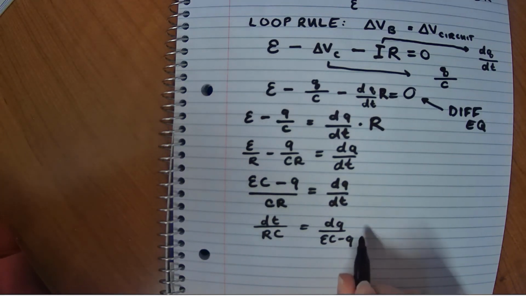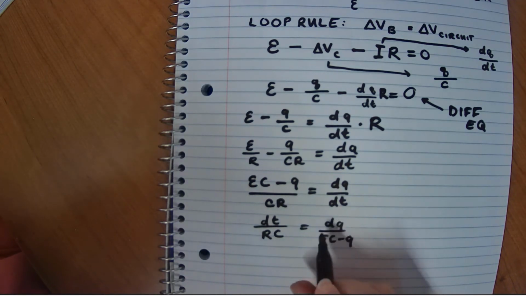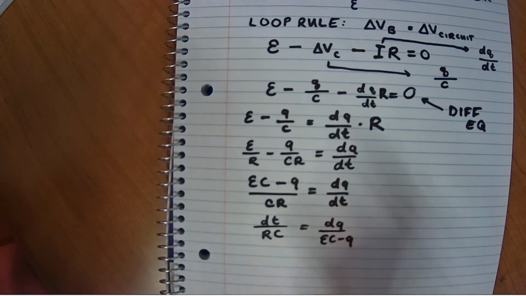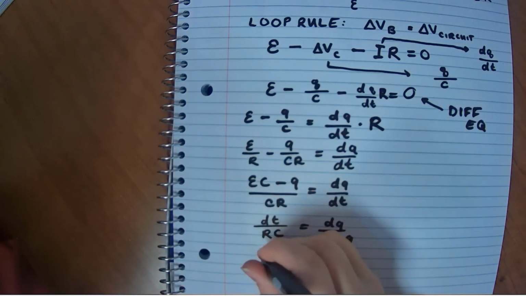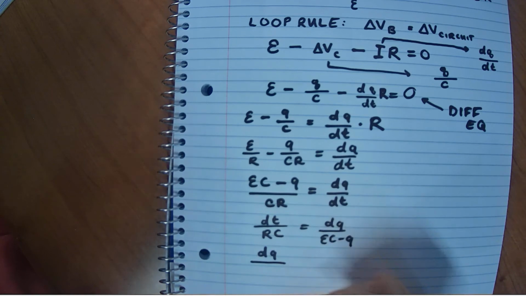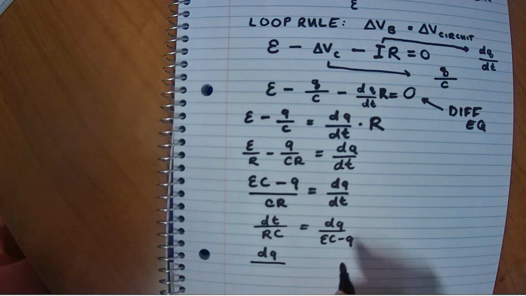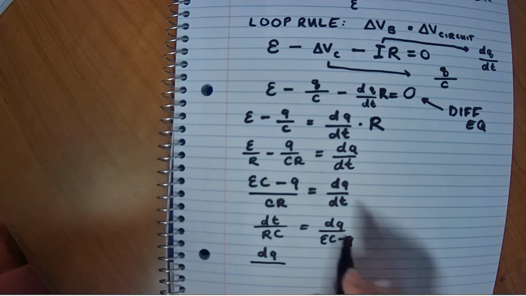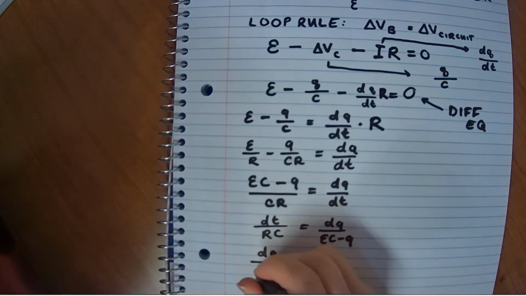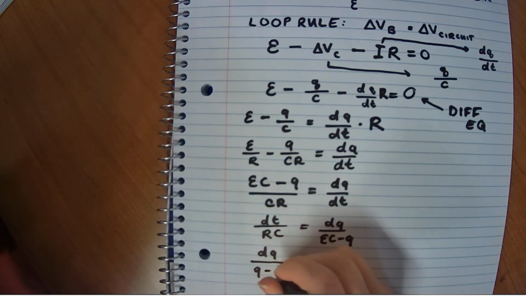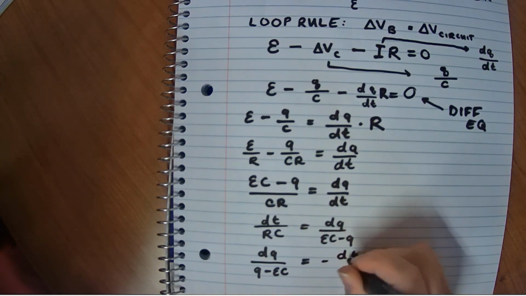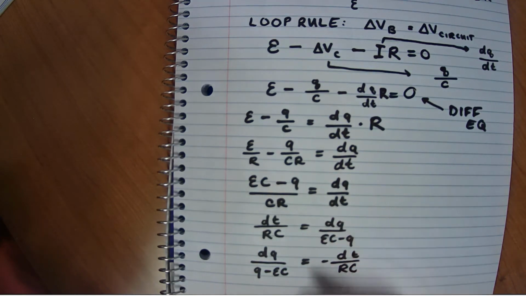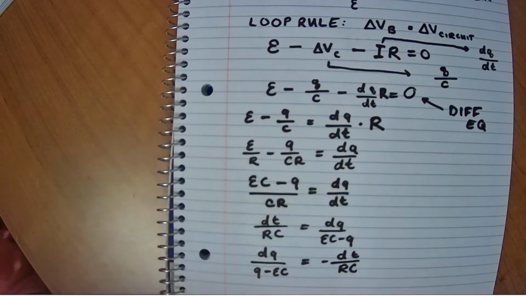One final thing, just to make this easier in the future: I'm going to switch the sides of this equation so it's easier to read, and also multiply everything by -1. So then we get negative dt over RC, and this is Q minus EMF C.